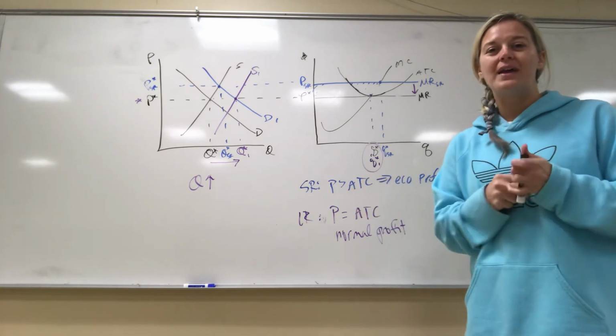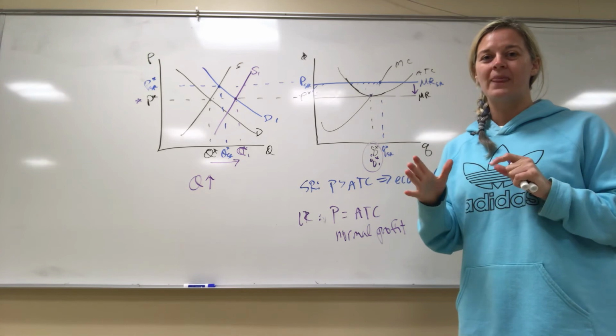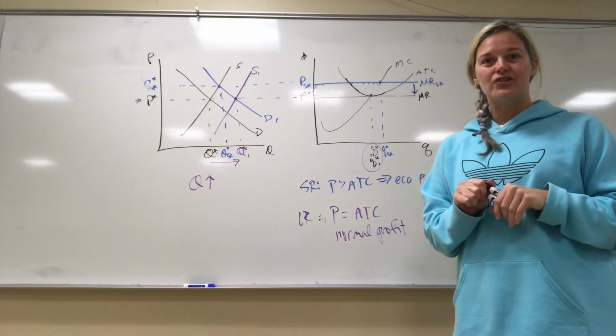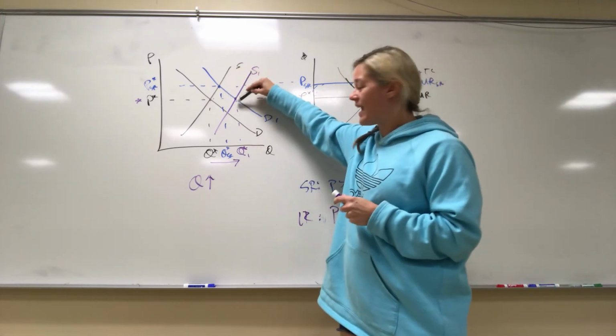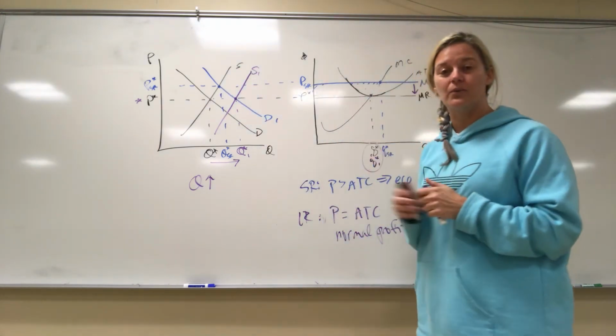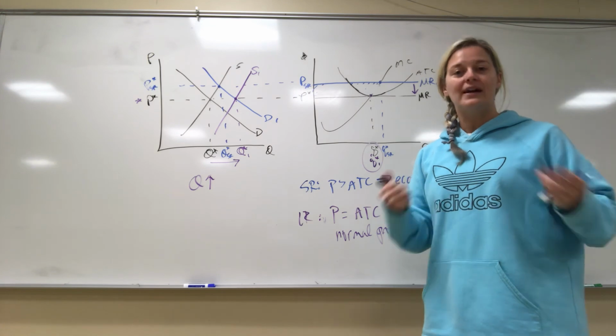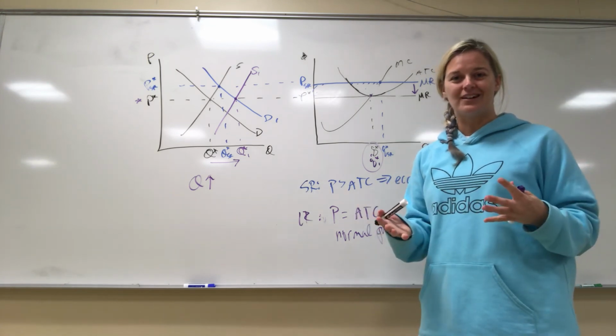So basically, when we have profit in the short run, then we see entry occur, and as entry occurs, it pushes that price down until we get to the point where we're simply making a normal profit. At that point, there's no need for any other firms to enter, and so that's it.